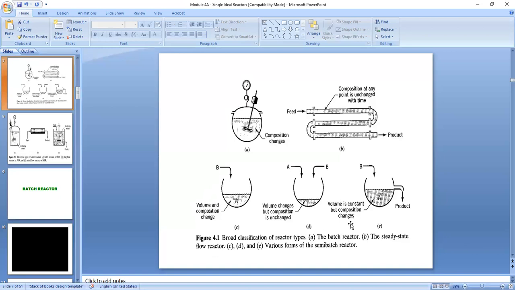Now, the C, D, and E, which I have mentioned a while ago, we will not cover, are actually constituting the semi-batch operation or the unsteady state method of operation. We will only be covering the batch and the continuous. So that would be the PFRs and the CSTR.